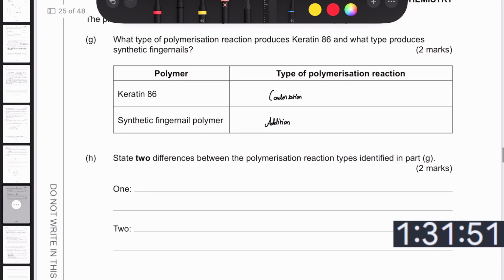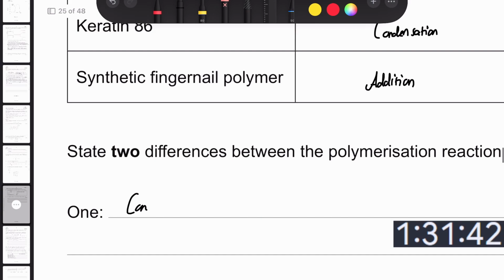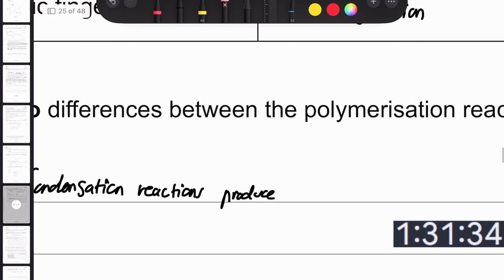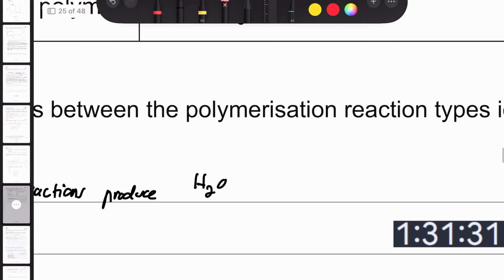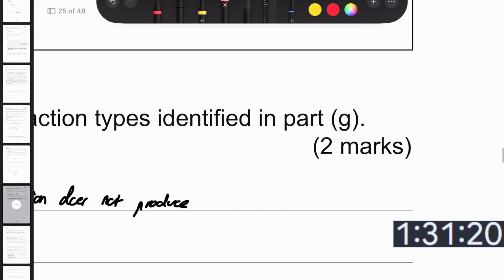State two differences between the polymerization reactions identified in part G. So condensation reactions produce H2O, while addition does not produce any extra species.